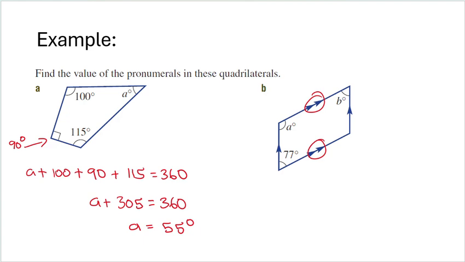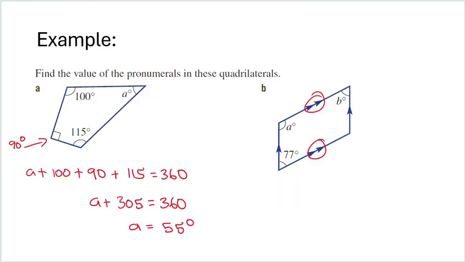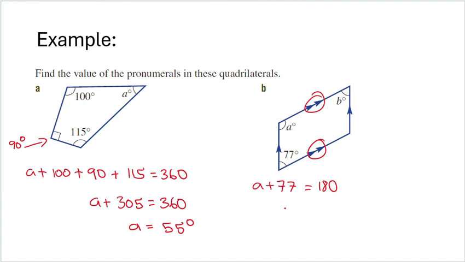This right here is a quadrilateral with parallel sides. So now you're going to have to use these co-interior angles to help you find the missing angles here. So we know that we can just say the following. So to find A, if you add that together, that would equal 180. And that means A equals 103 degrees.